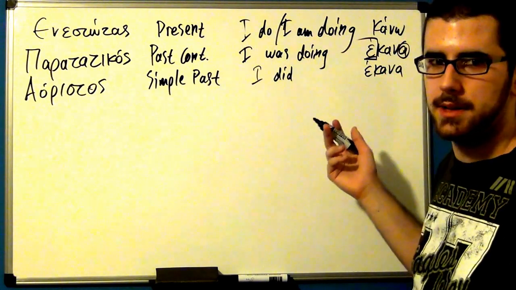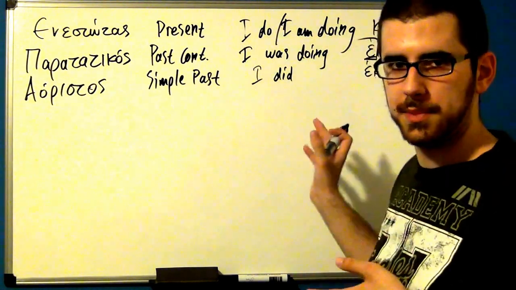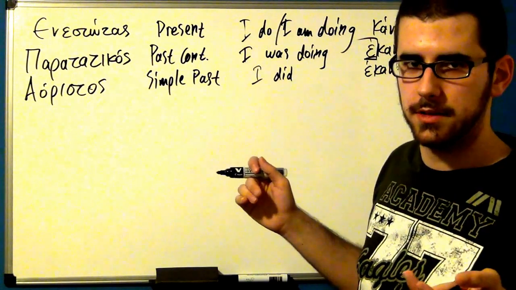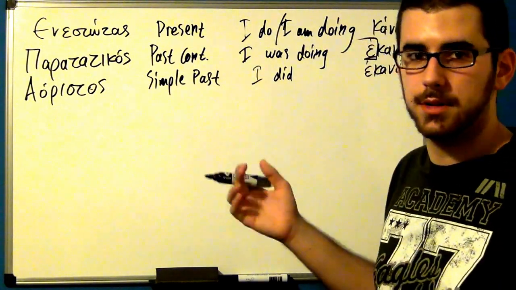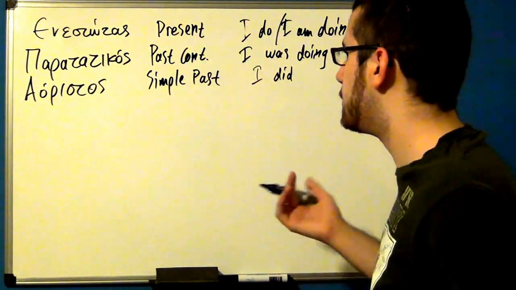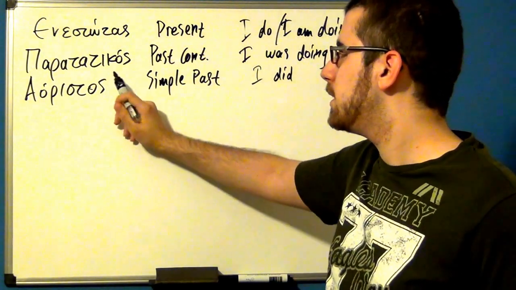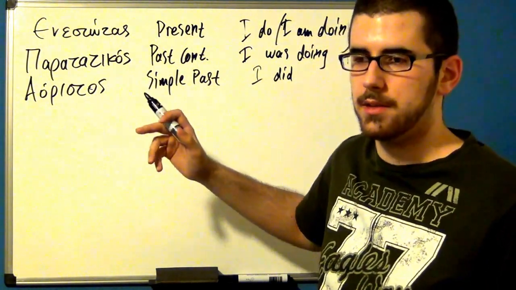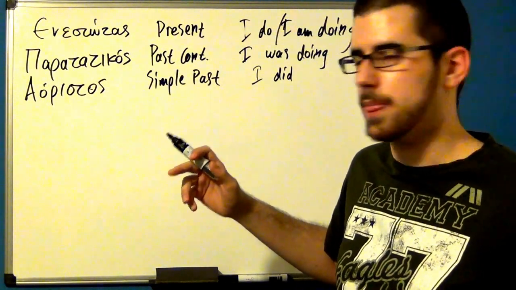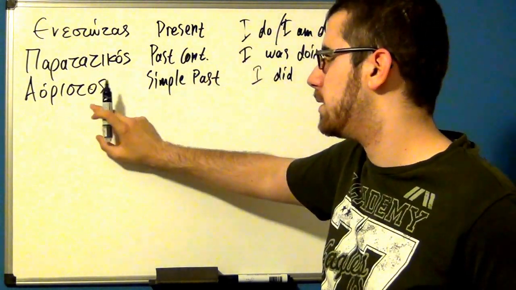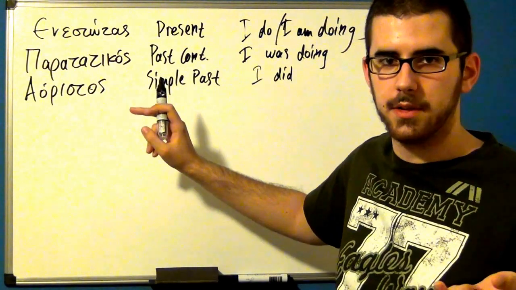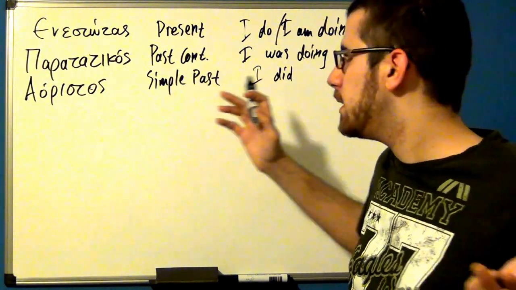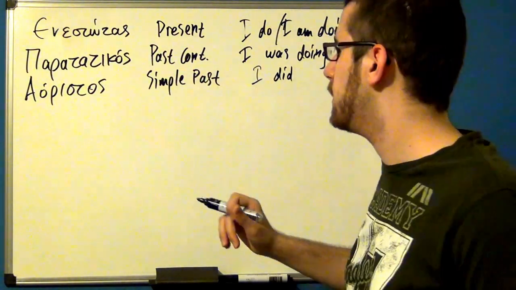It's the same. There is no difference for this specific verb if I did something once or many times in the past, or if what I did had a duration, because practically that's what this expresses. With παρατατικός, you say that your action had a duration in the past, while aoristos shows that it happened once, and then it stopped. You only did it once.